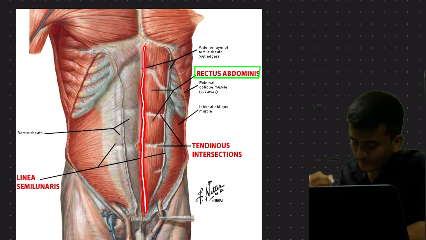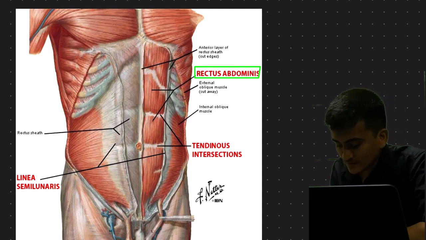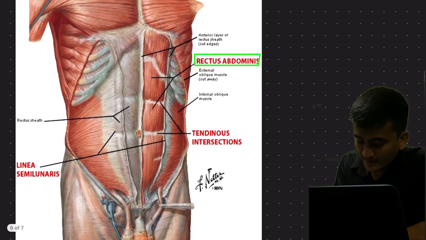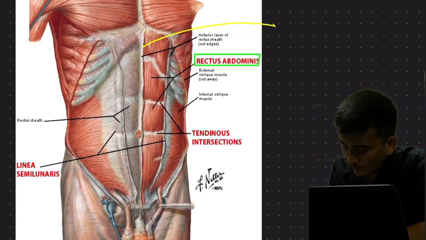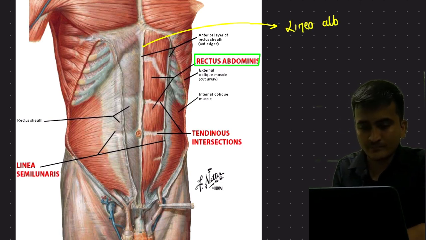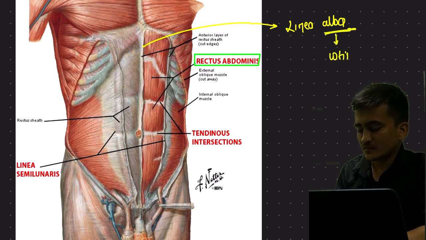This white line is called linea alba, L-I-N-E-A, linea, A-L-B-A, alba. Alba means white, so it is a white line.